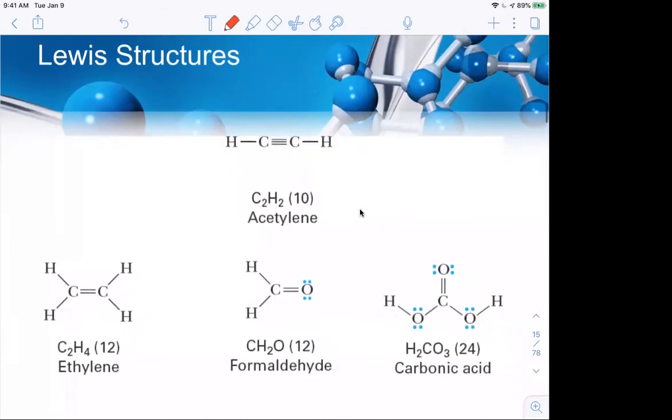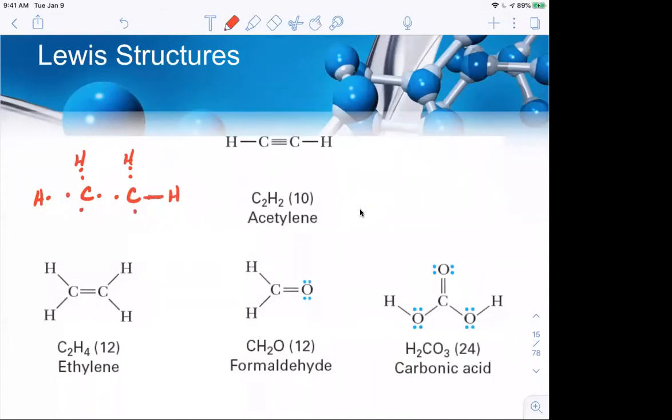Remember, if I can't fulfill an octet in any other way, I can form double and triple bonds. So for example, with acetylene, I have 2 carbon atoms and then I have 4 hydrogen atoms.